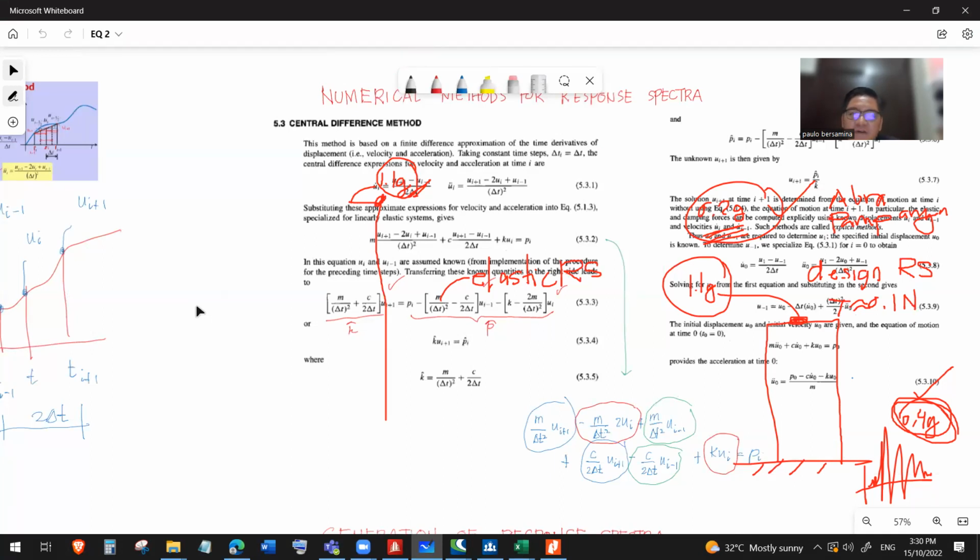But however, a ground motion is not a harmonic motion. So very erratic siya. So therefore, we need an approach like numerical methods to solve the response of our structure.